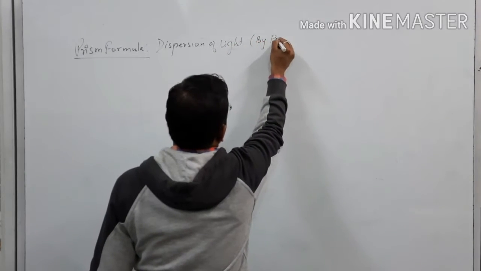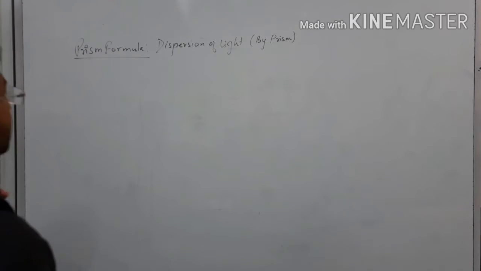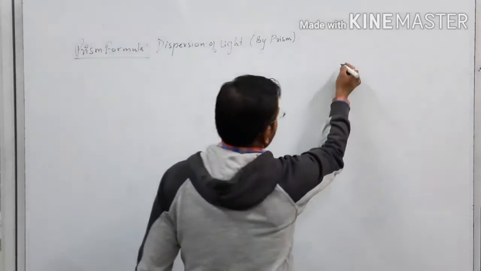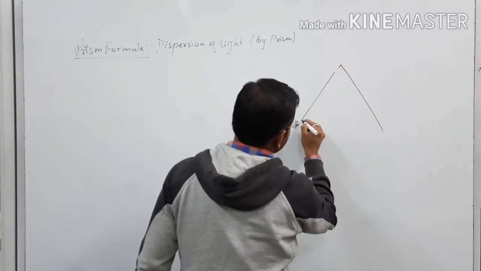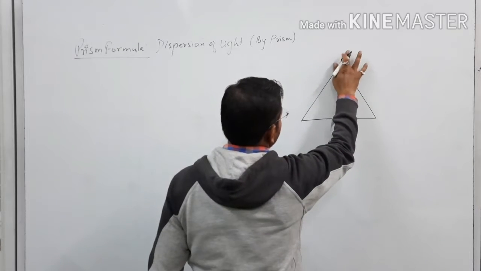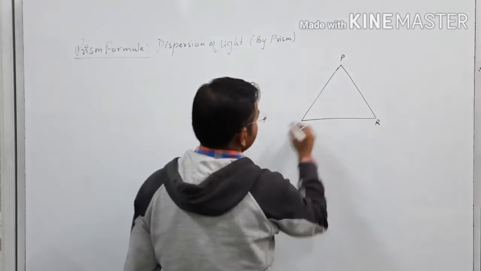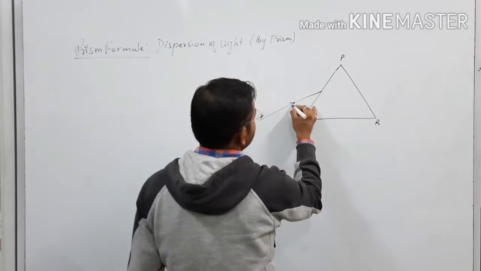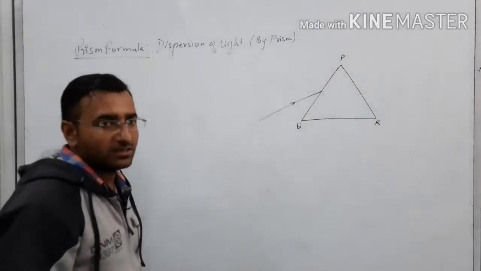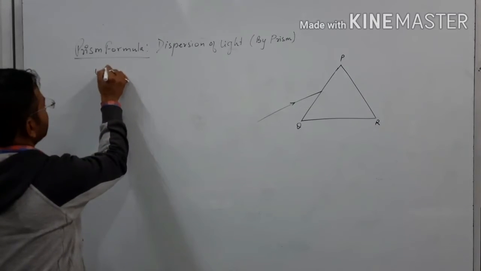Dispersion of light by prism means when white light goes through one face of the prism. Suppose PQR is our prism.